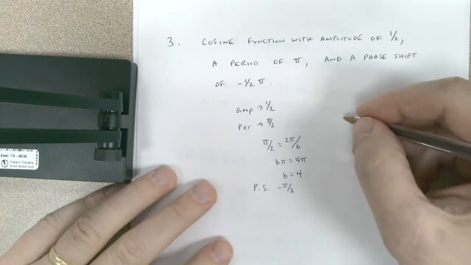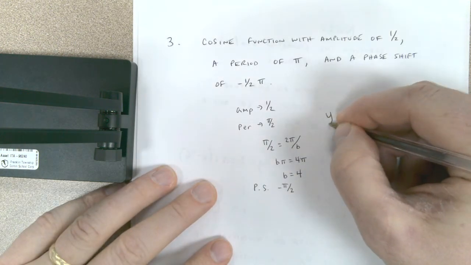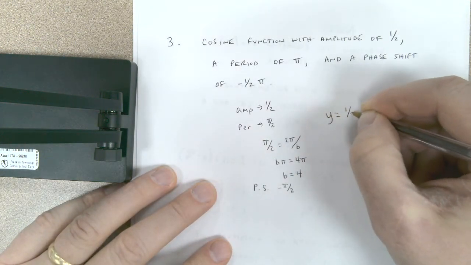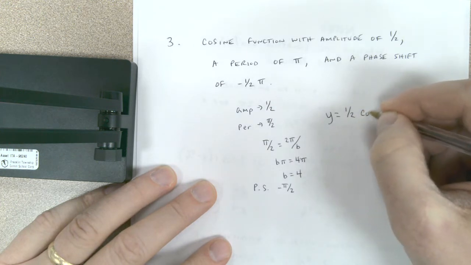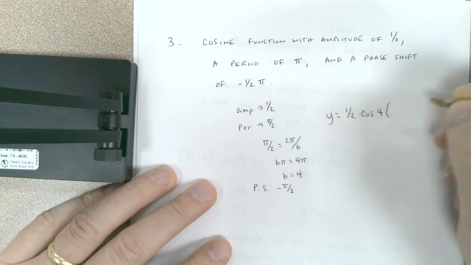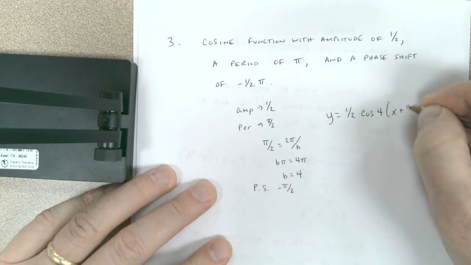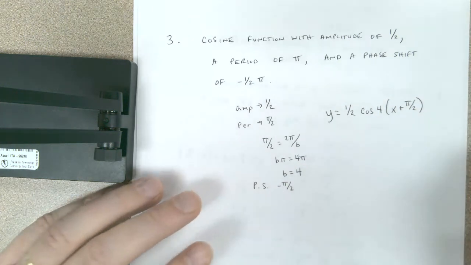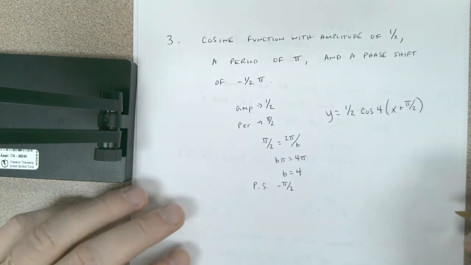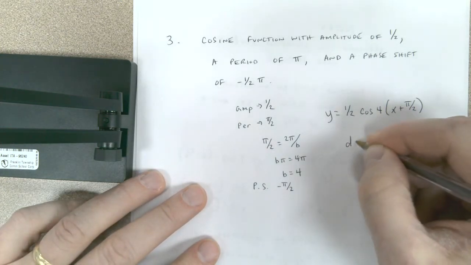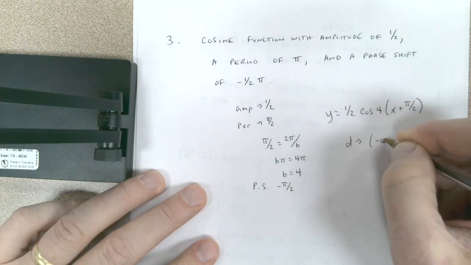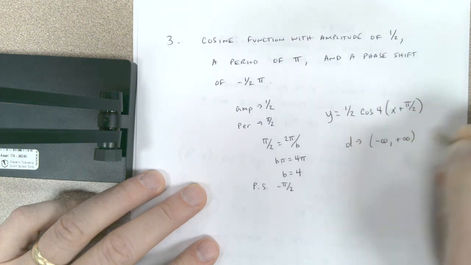So I'm ready to write my equation. Y equals 1/2 cosine 4, and then because I'm shifting it left, it's going to be x plus pi over 2. And if I'm going to identify my domain, again, domain is going to be negative infinity to positive infinity.